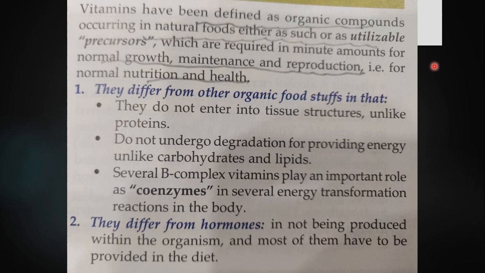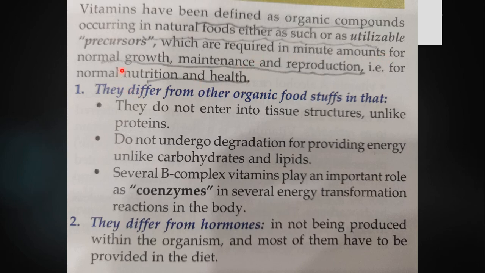Now, vitamins are a very interesting topic, and even laymen try to know what vitamins are. If we define them, they are organic compounds occurring in natural foods either as such or as utilizable precursors, which are required in minute amounts.